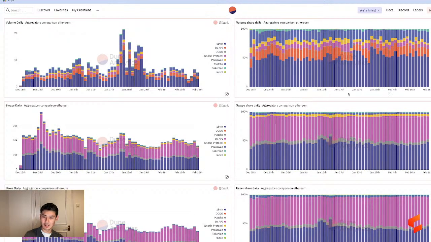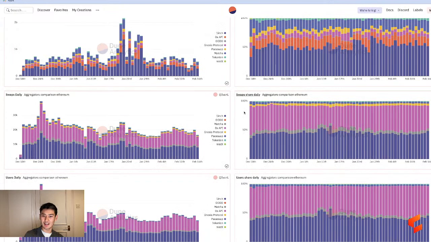But it's interesting that when you go down to swap shares daily, it doesn't have the same distribution. You have OX actually has pretty equal distribution to 1inch in terms of transaction count versus transaction volume.